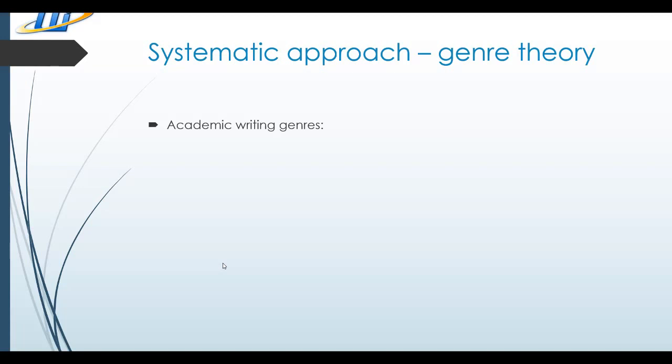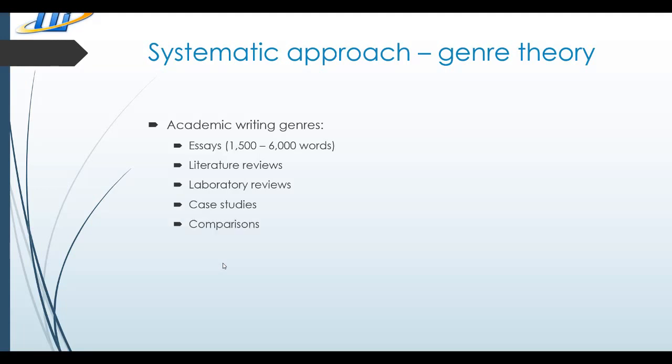Some genres commonly associated with academic writing include essays, usually from around 1,500 to 6,000 words, which include expository, argument, comparing and contrasting, multiple texts, summaries, etc. Another genre is literature reviews, as well as laboratory reports, case studies, comparisons, research proposals, research papers, which are usually around 3,000 to 6,000 words, including data commentary and report of a problem or processes and solution.